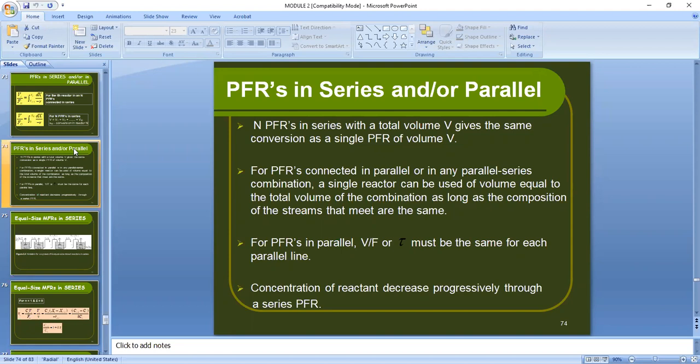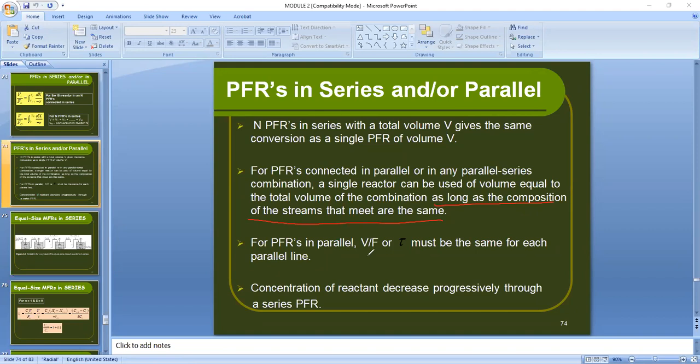So the concentrations of the streams that meet should be equal.